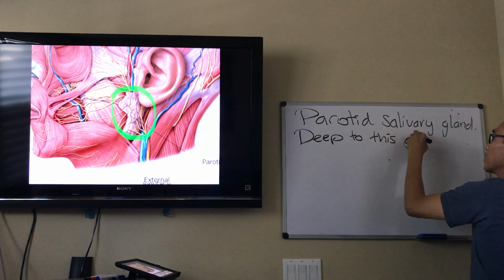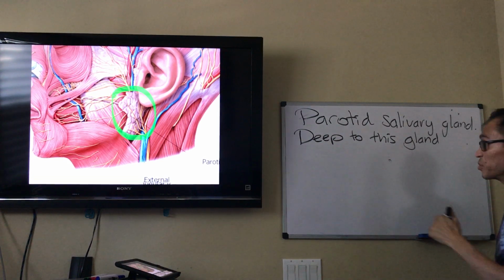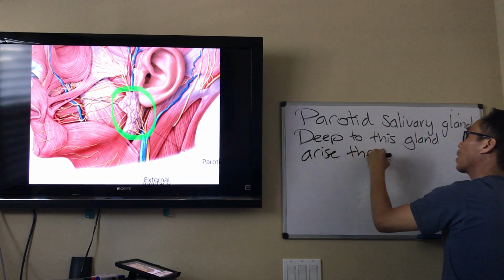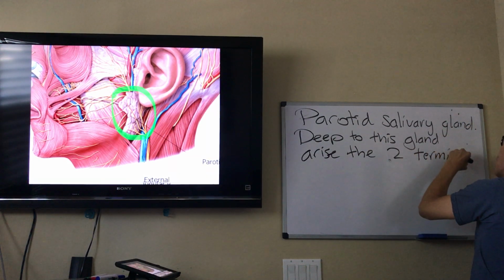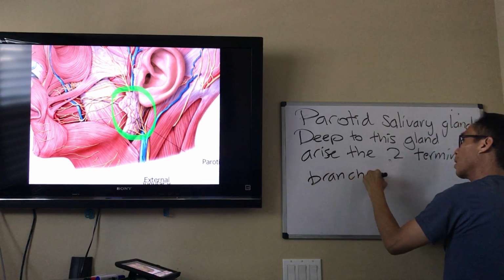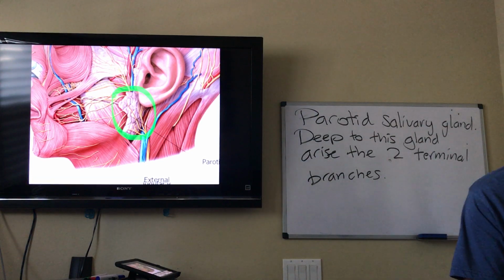Deep to this gland arise those two terminal branches. Again, you just wrote it. Those are maxillary, superficial temporal.